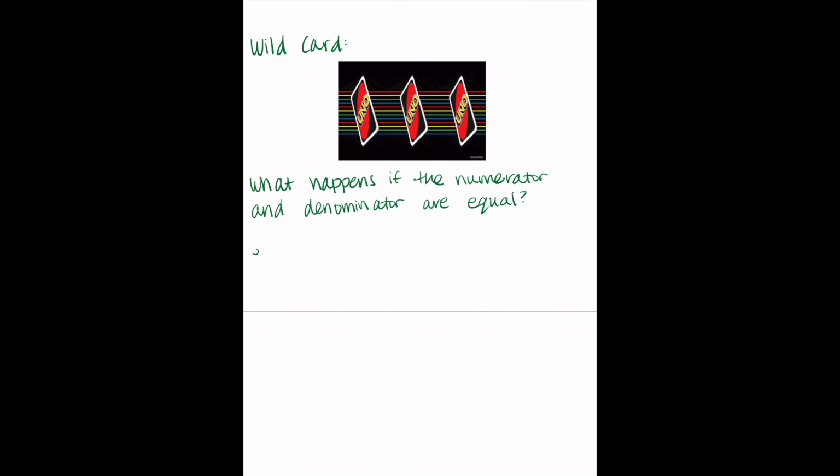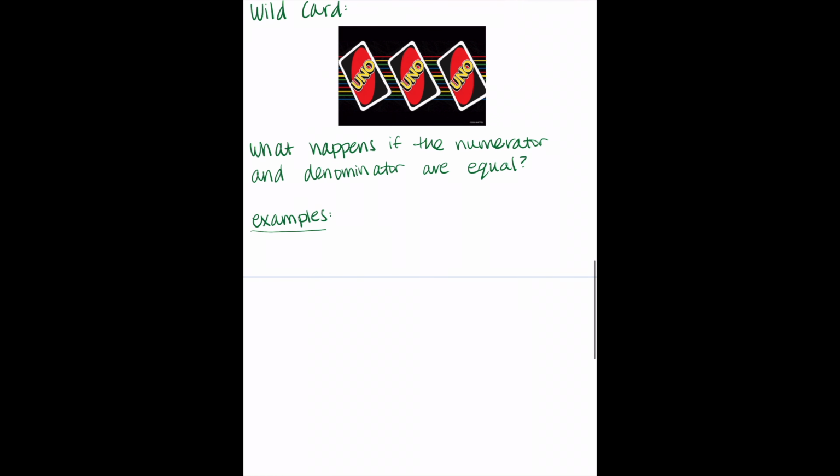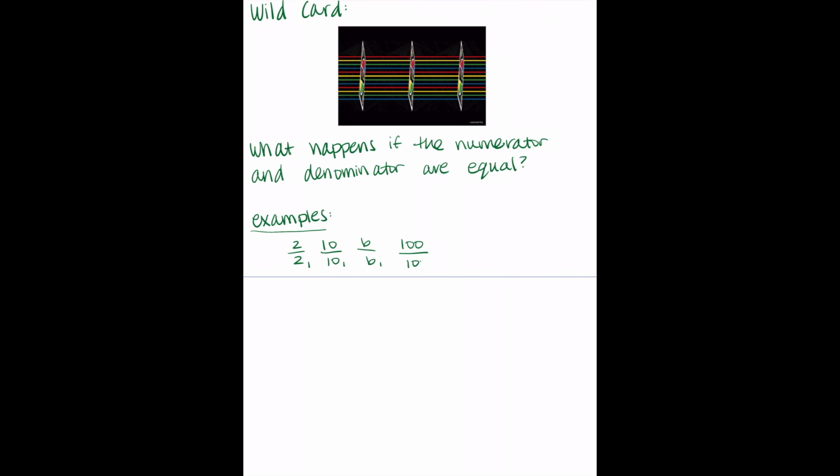Let's first go through some examples of what this would look like, just so we can visually see. Some examples of when the numerator and the denominator are equal: we would have the same number top and bottom. So something like 2/2, we could have 10/10, we could even have 6/6, or something as big as 100/100.